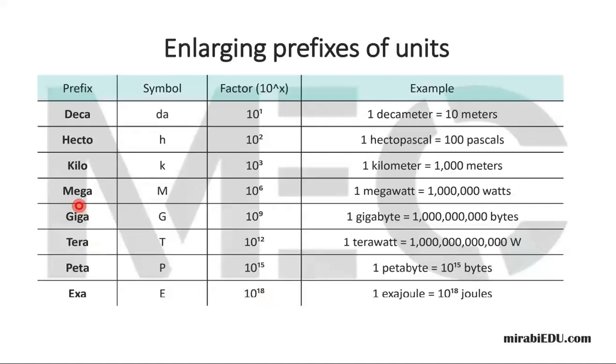So reading them, it will be deca, hecto, kilo, mega, giga, tera, peta, exa. Okay, so these are enlarging prefixes of units.